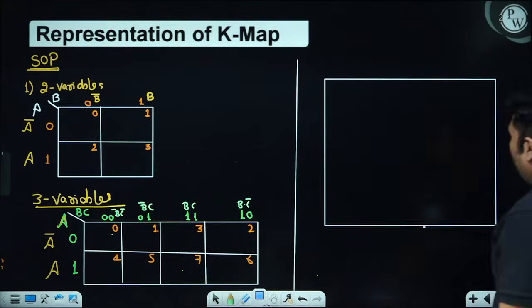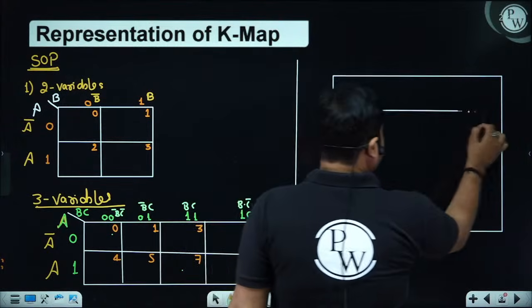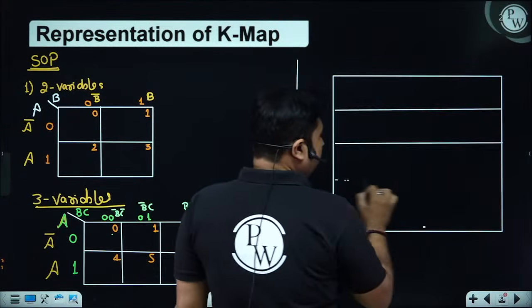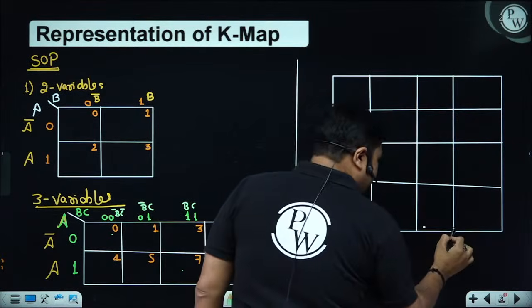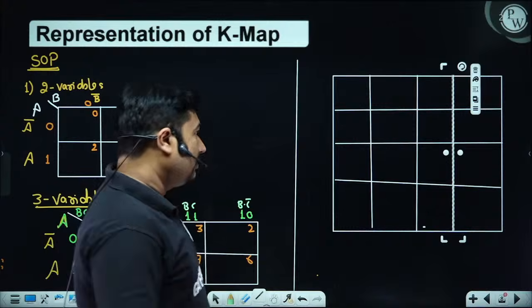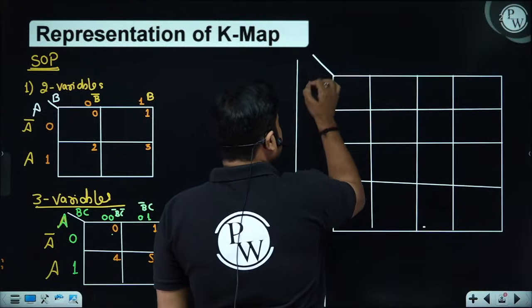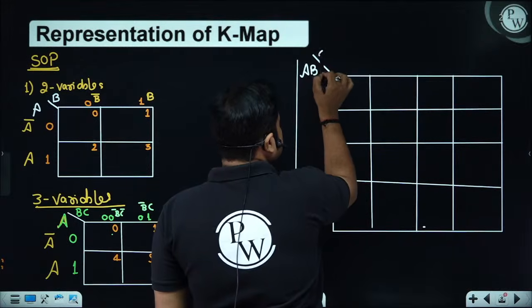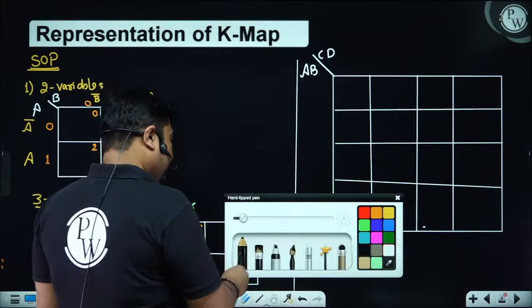Let's talk about 4 variables as well. For 4 variables, the total number of possible combinations will be 16. So for 16 combinations, we have to make 16 subblocks that can be represented by 4 cross 4. Let us suppose we have the variables A, B, C, D, where A is the MSB and D is the LSB.